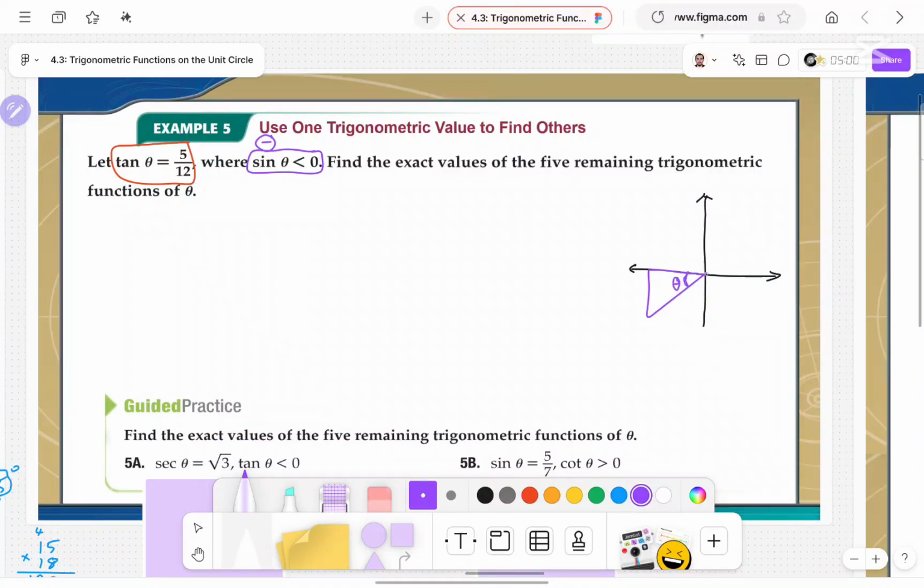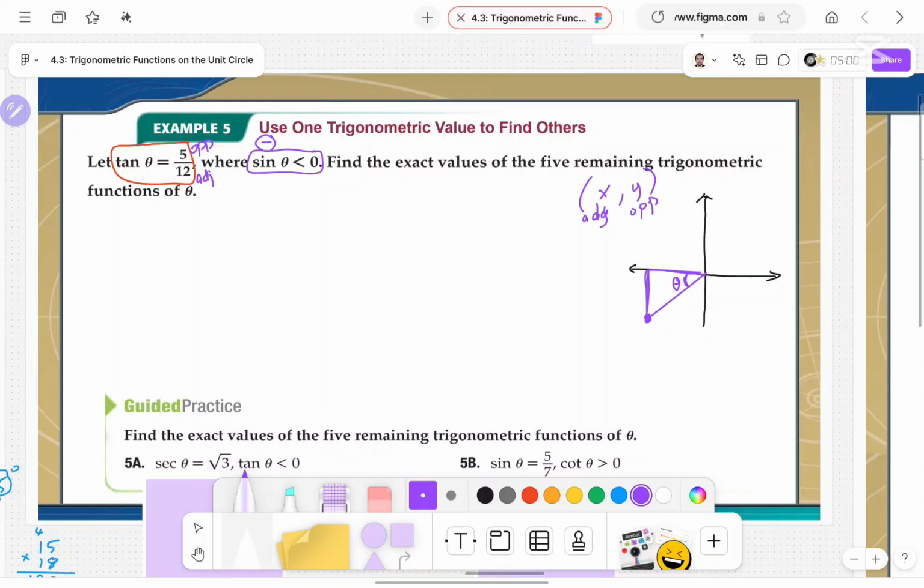Now, after I know this is the point, I know that this is the coordinate. What's the coordinate? I know that this one here is the opposite and this one here is the adjacent. I told you before, x and y: this is adjacent and this is opposite.